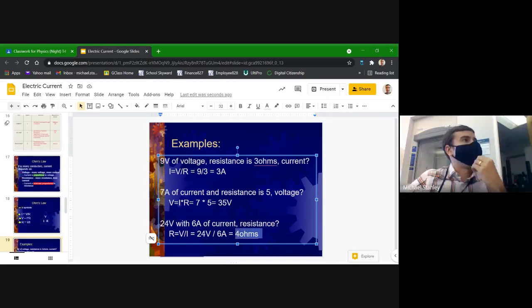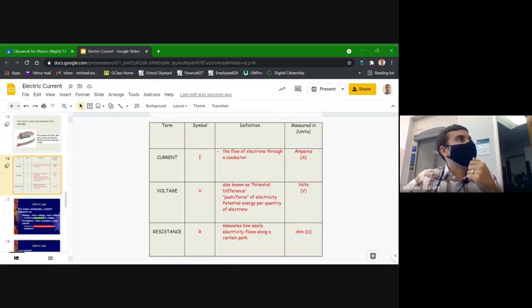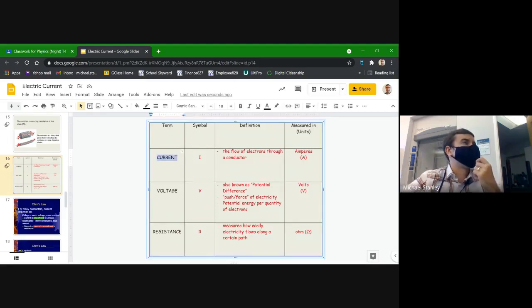So for current, we have amps, which is represented by A. For voltage, we have volts, which is represented by V. And for resistance, we have ohms, which you can either write out, or if you're doing it on paper, you can write this little symbol. Or if you're doing it on the computer, you can just write out ohm, or find the symbol and copy it and put it after your answer.